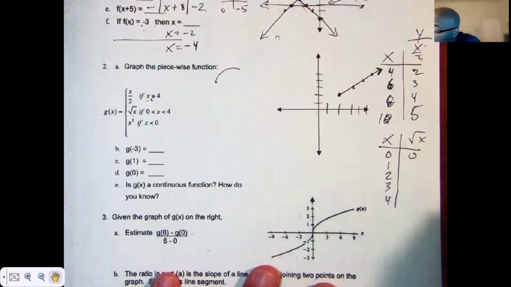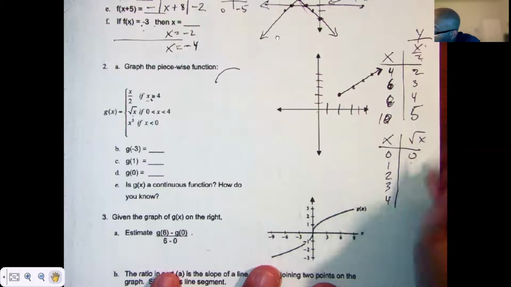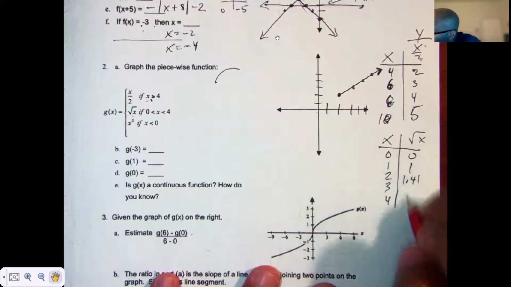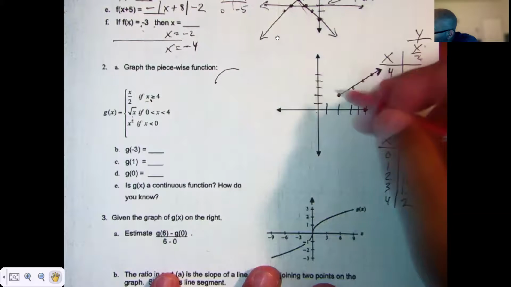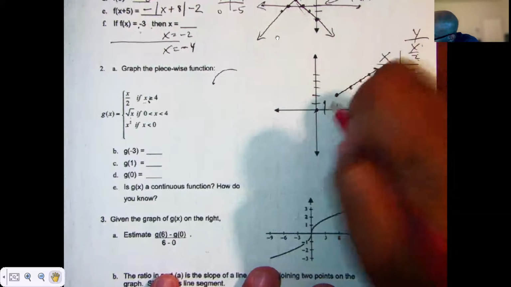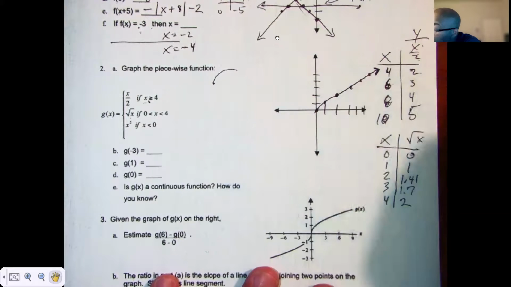The square root of 0 is 0. The square root of 1 is 1. The square root of 2 is 1.41. The square root of 3 is 1.7. The square root of 4 is 2. So it does this type of curve.